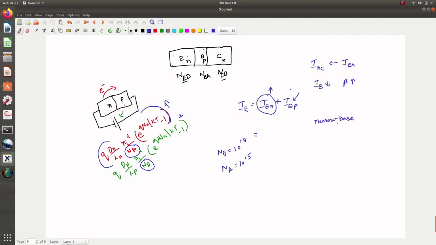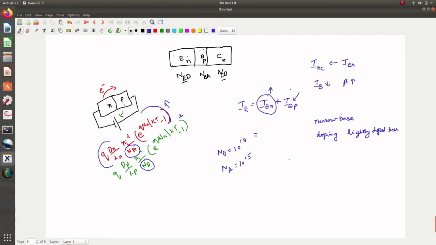For that, we'll have a narrow base when compared to emitter and collector, and the doping also is different. We have a lightly doped base, lightly doped in comparison with the emitter.